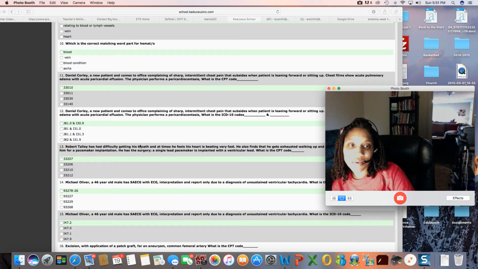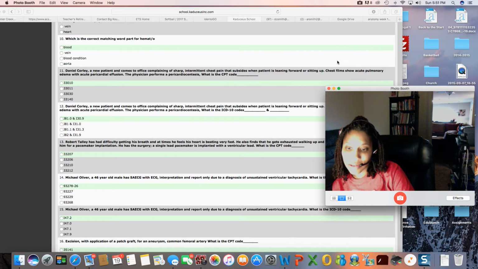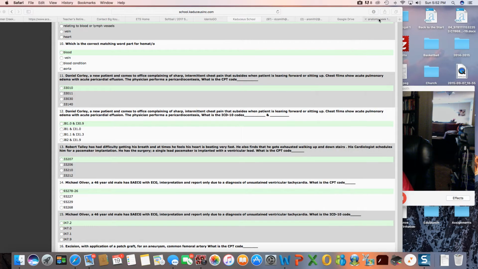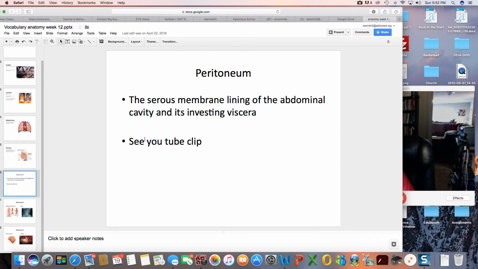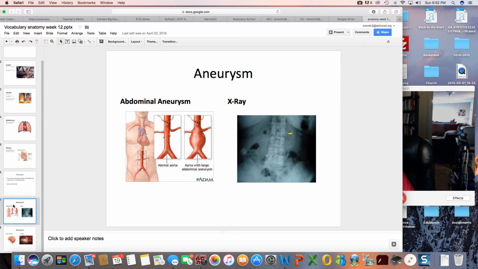And for those of you who do not know what an aneurysm is, an aneurysm is a swelling of an artery that can occur in several places in the body. This one happens to be an abdominal aneurysm where you see the normal aorta.